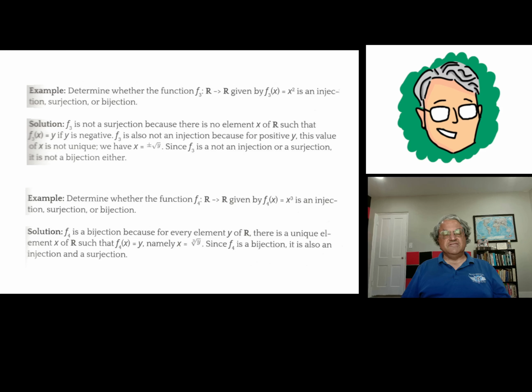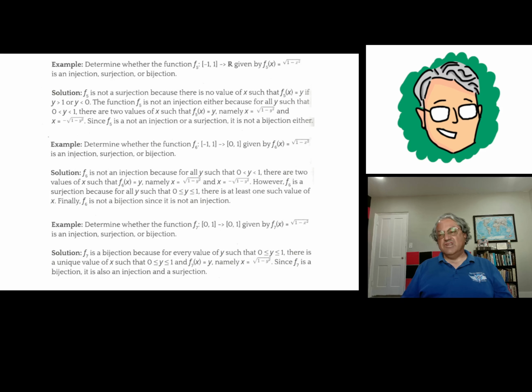But if n is odd, for every positive odd integer n, there is a unique inverse, so that's a bijection in that case, and also an injection and a surjection. So you can see that odd powers behave very differently from even powers if you restrict the domain to the real numbers. Anyway, example 5.